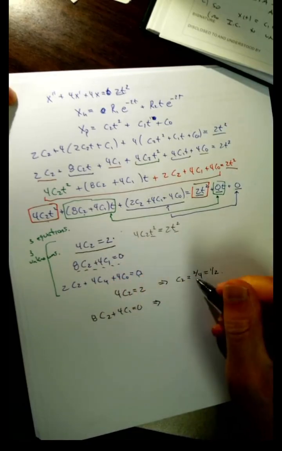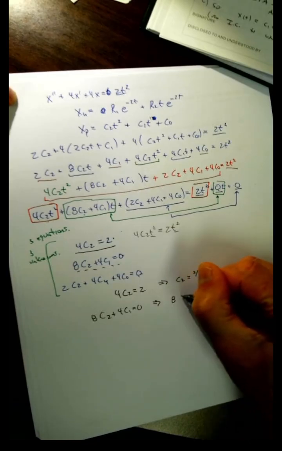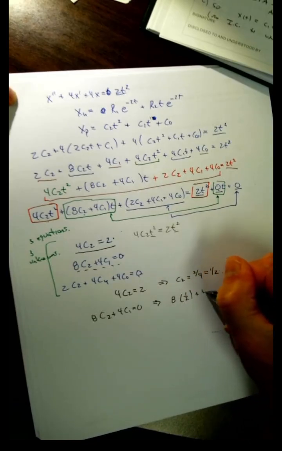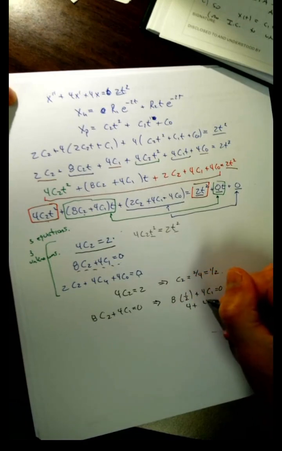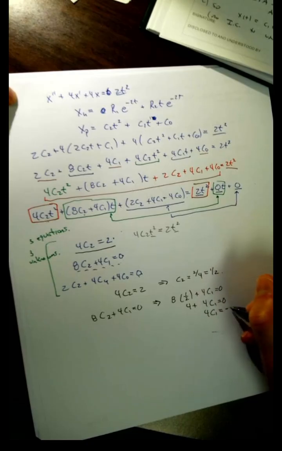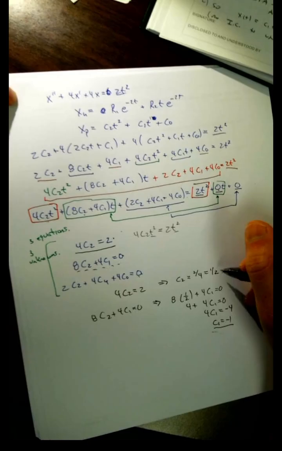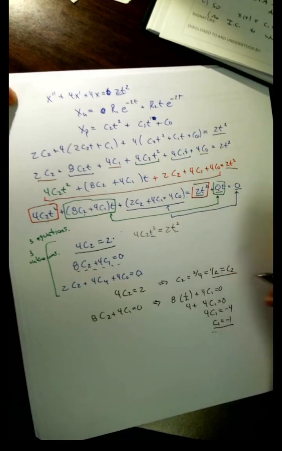I know that c2 is a half, so I have 8 times a half plus 4c1 is 0. 8 times a half is 4, plus 4c1 is 0. Subtract 4 from both sides. Divide both sides by 4, I get c1 is -1. So let me just highlight c2. So now I have c2, I have c1.